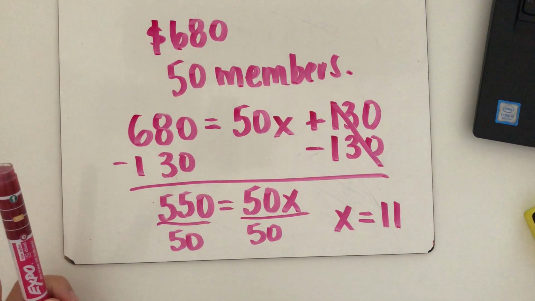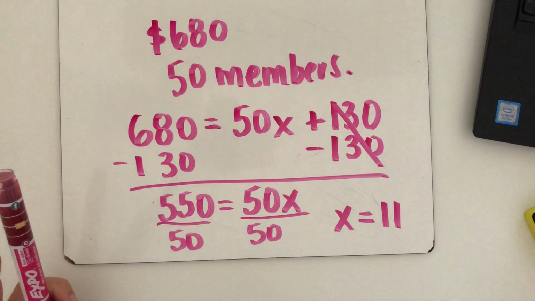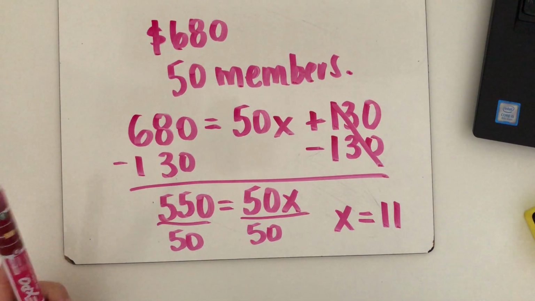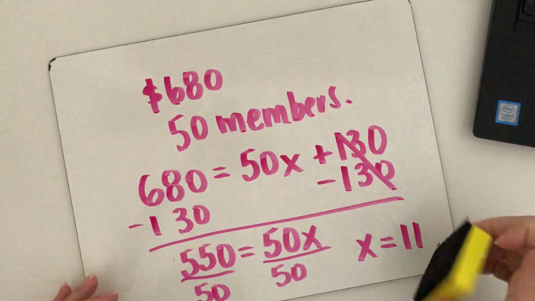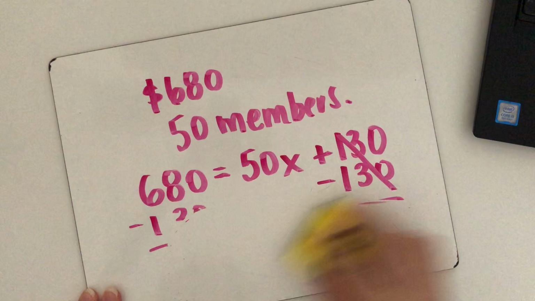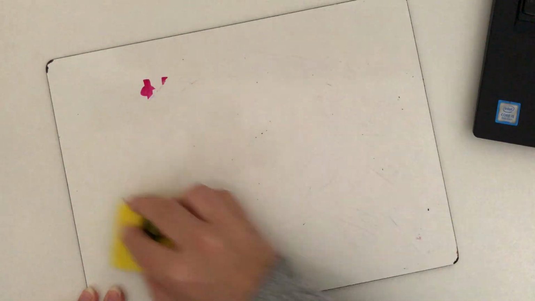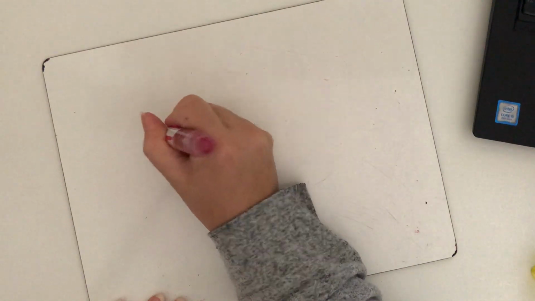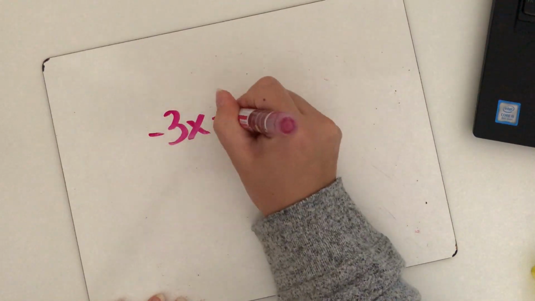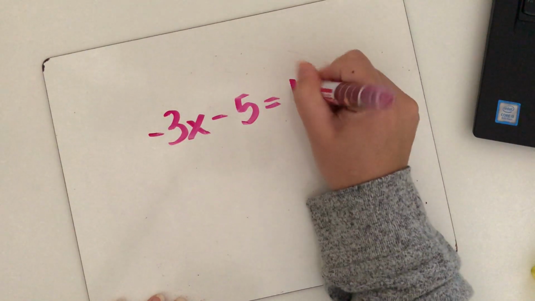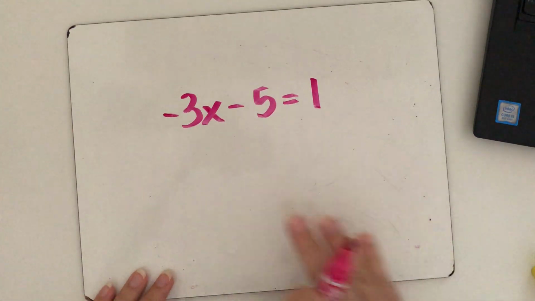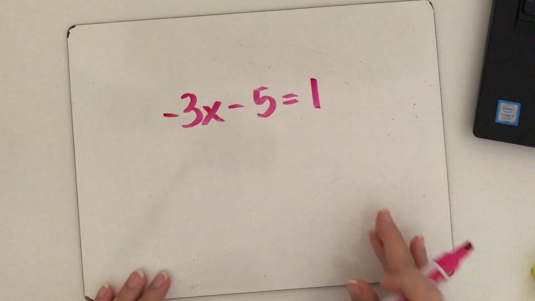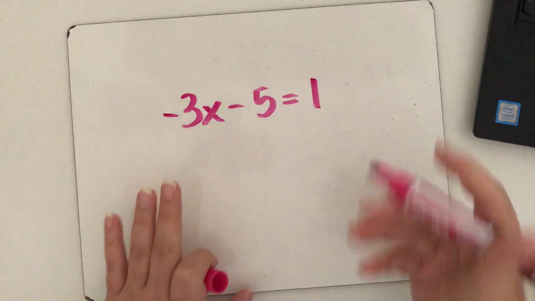Now, we're going to do just some regular problems of solving two-step equations. So let's say I have negative 3x minus 5 equals 1. Okay? So remember, I need to isolate that variable because that's what I'm solving for.